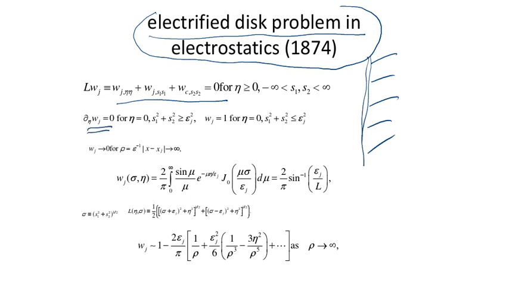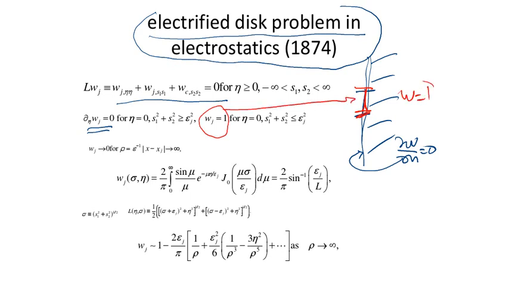You have the Robin boundary condition, so you have no flux, dw/dn equals 0, everywhere on this part of the boundary except on the small hole. I will take a different color. Except on this one small hole, where you assume that you have w equals 1. And you ask what is the solution.